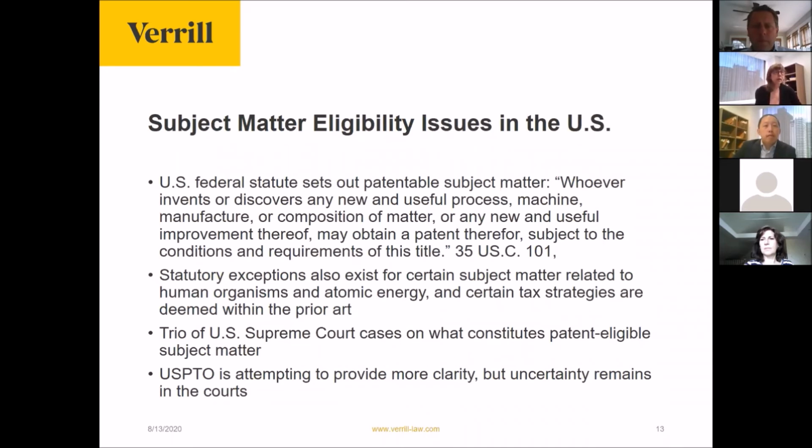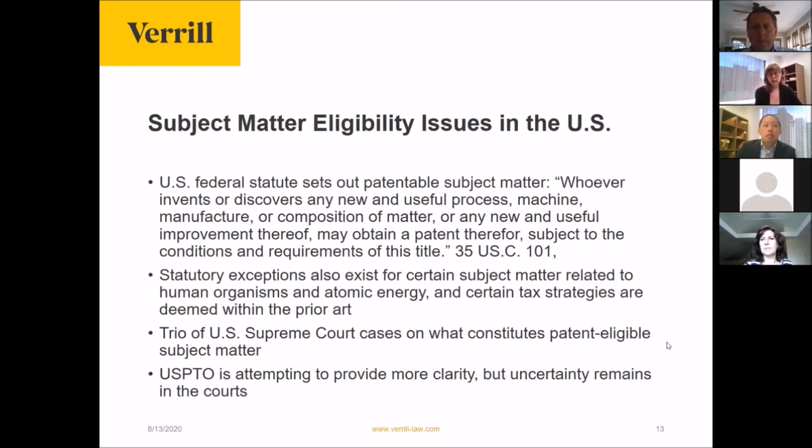However, there was a trio of U.S. Supreme Court cases starting in 2012 on what constitutes patentable subject matter, where the Supreme Court said there are certain judicial exceptions to this list of patentable subject matter in the statute. And these exceptions are laws of nature, natural phenomena, and abstract ideas.